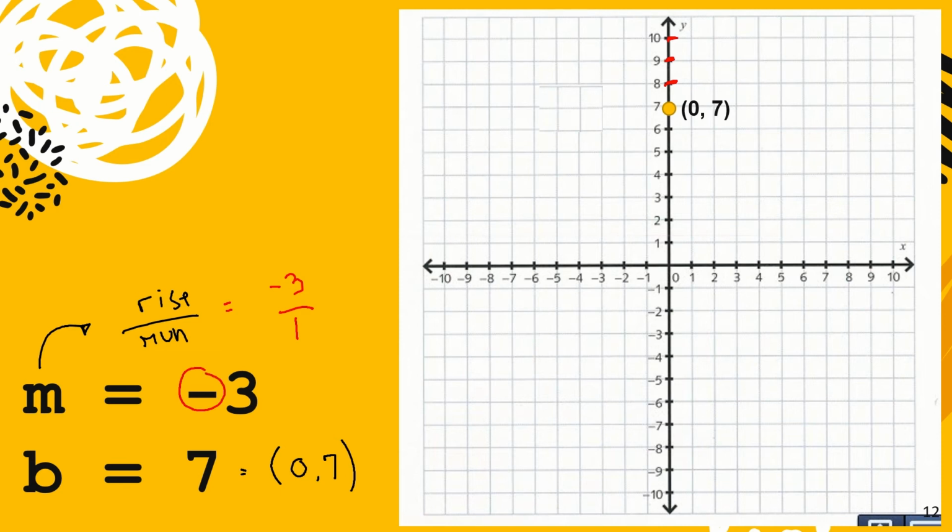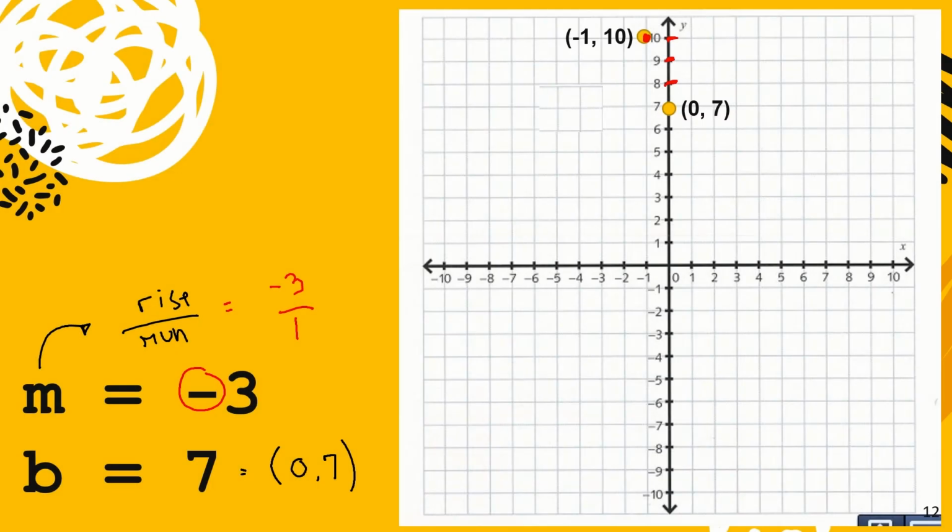So we already rose 3 steps, and we need to run 1 step on the negative side. So we have this one because we have negative 3. What will be the coordinates of that point? It is (-1, 0).